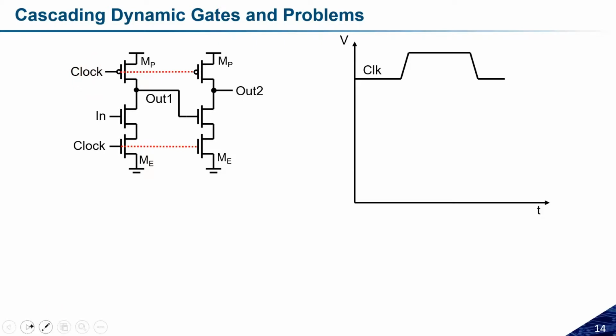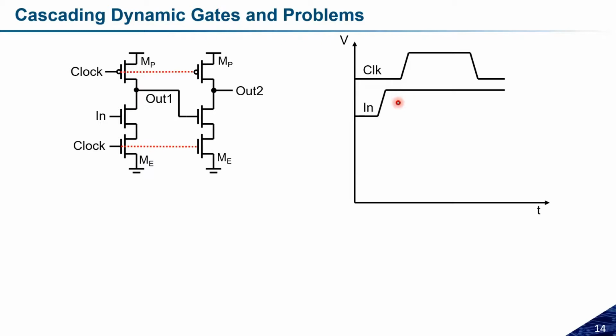This is the first case. Now let us assume that during the pre-charge phase there is some change in the input. It can evaluate only when there is an evaluation phase.